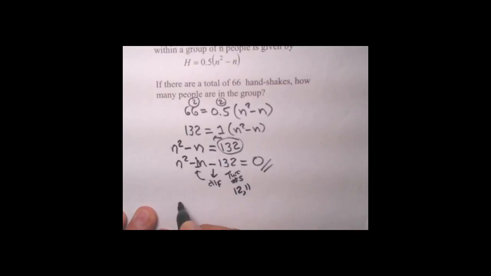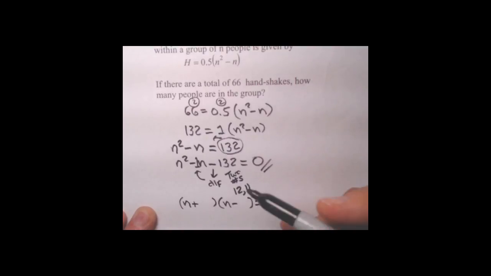Remember, we're factoring this as a nice little reverse FOIL. So that means I'm going to have n. The minus here tells me that I'm going to have signs, one of each. So I'll put n plus here and n minus over here, and of course this equals 0.